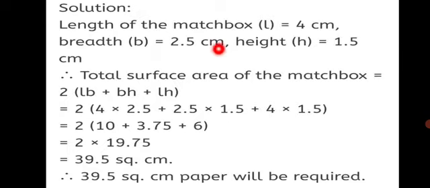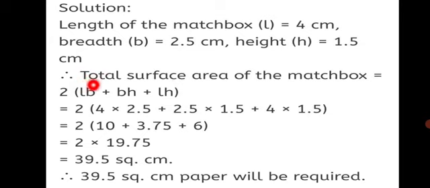Length of the matchbox L is equal to 4 cm. Breadth is equal to 2.5 cm. Long means length, broad means breadth, and height is given as 1.5 cm. So write it down.